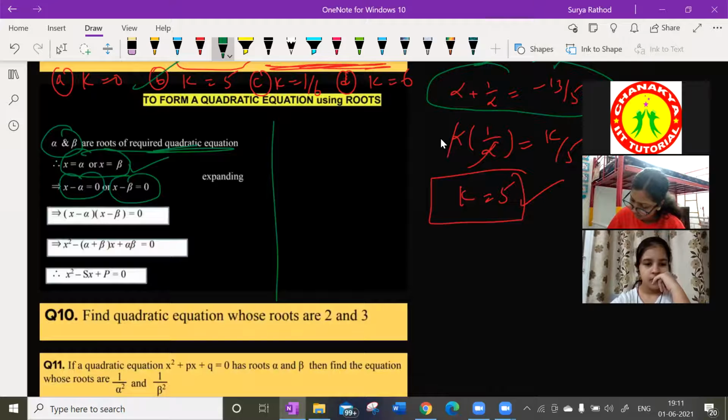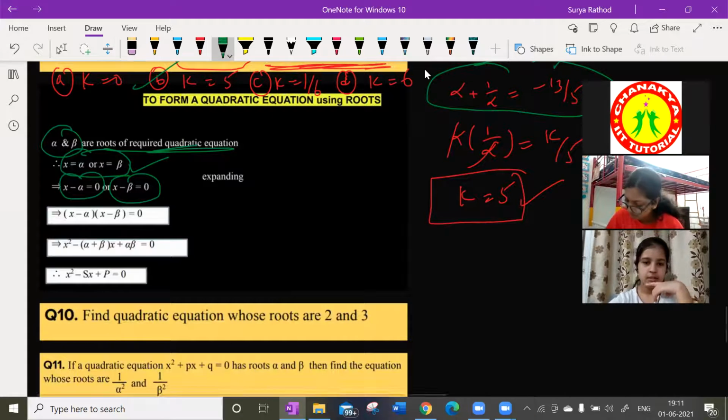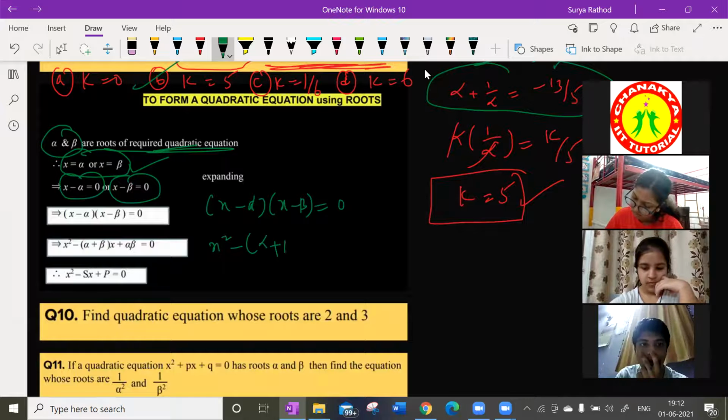So the product: x minus alpha into x minus beta is equal to 0. Simplify this, what am I going to get? x square minus (alpha plus beta) into x plus alpha beta is equal to 0.